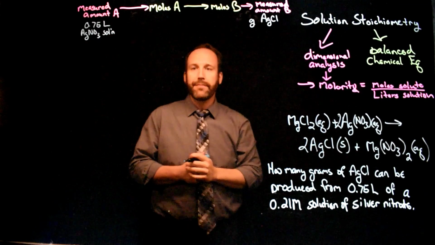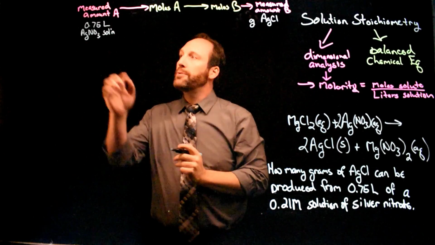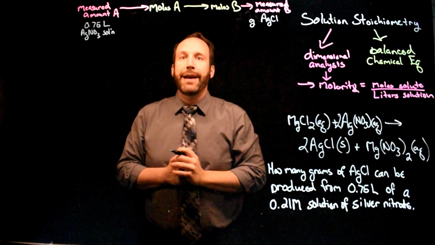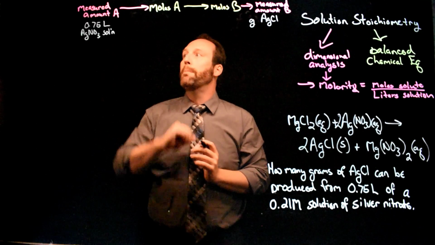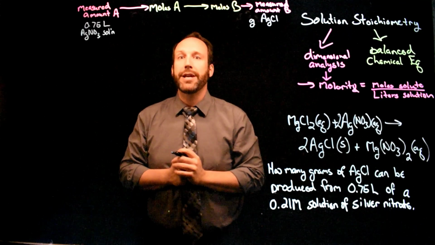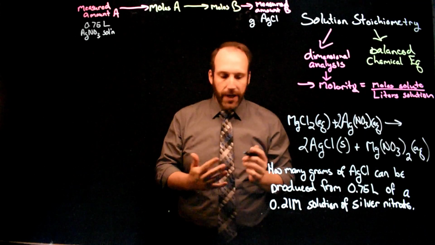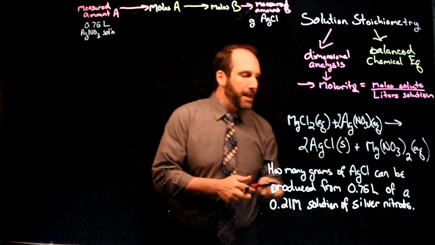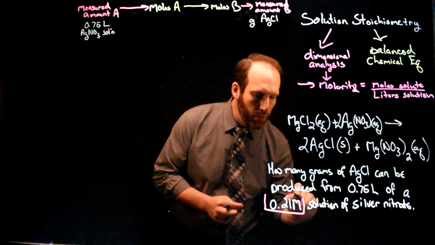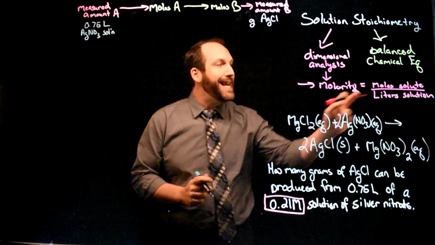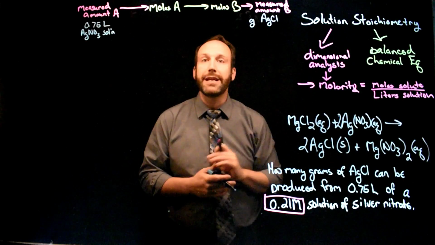All right, and so we need to be able to convert from that measured amount of solution into moles of silver nitrate. Well, how do we do that? Well, we've got molarity, this 0.21 molar. Molarity is moles of solute per liter of solution.